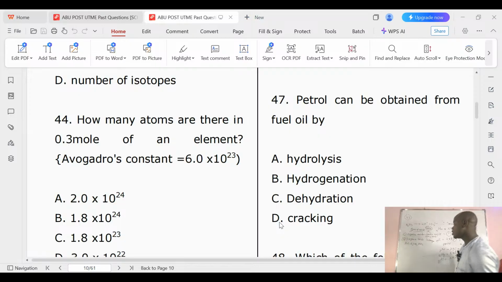The process by which petrol is obtained from fuel oil is fractional distillation. Fractional distillation is one of the separation techniques used in separating a complex mixture based on differences in boiling points.